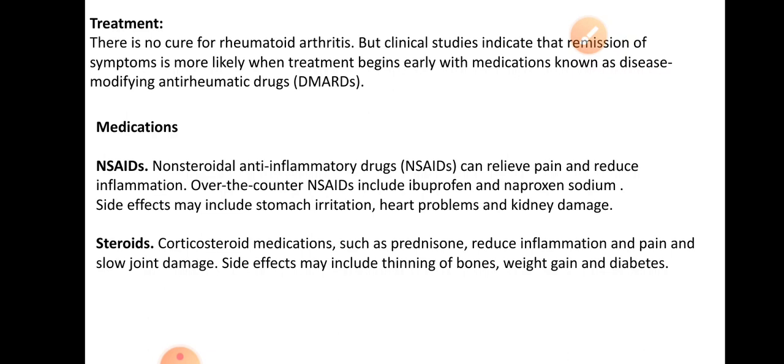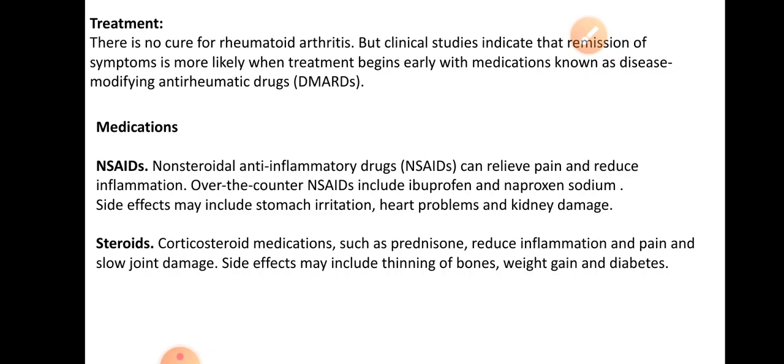Next, coming to the treatment. There is no cure for rheumatoid arthritis, but clinical studies indicate that remission of symptoms is more likely when treatment begins early with medications known as disease-modifying antirheumatic drugs, known as DMARDs. Here, medications include NSAIDs, known as non-steroidal anti-inflammatory drugs, which can relieve pain and reduce inflammation.